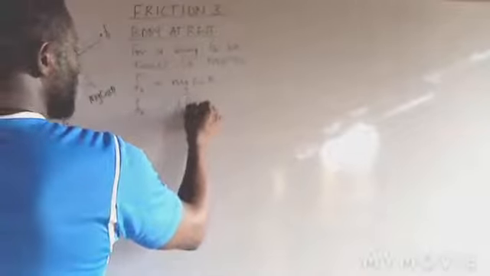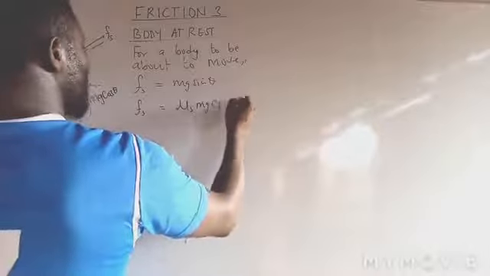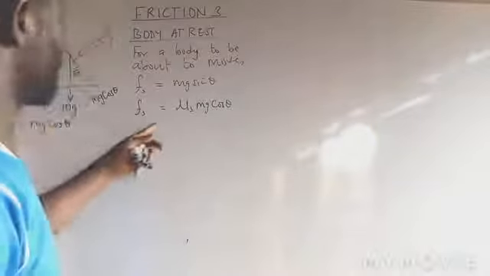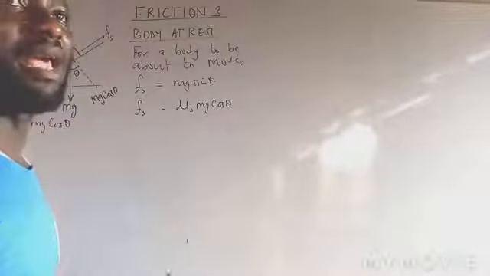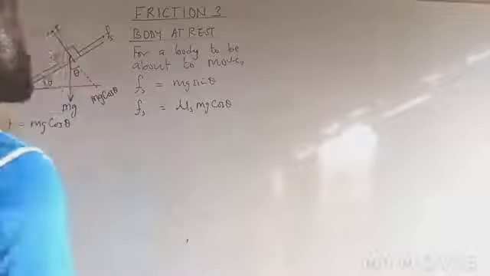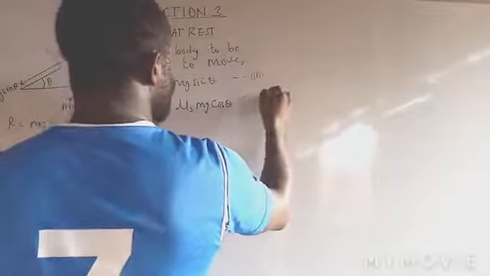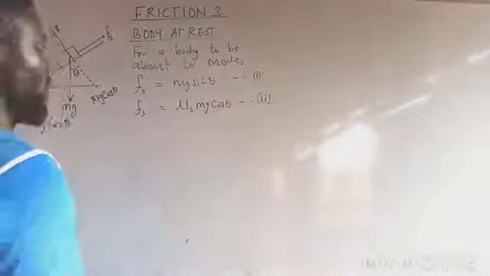The other condition is that F of S is also equal to mu S R, but our R is mg cos theta. So our F of S will be mu S mg cos theta. If I call this equation 1 and this equation 2, obviously what are we going to have?